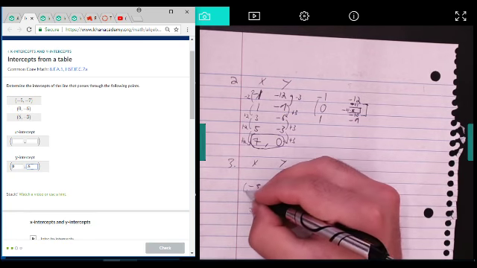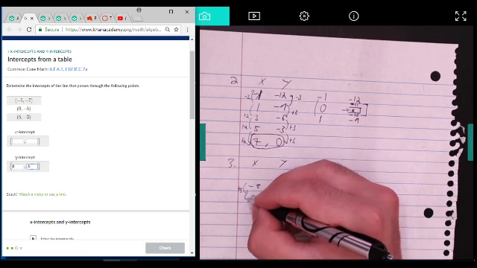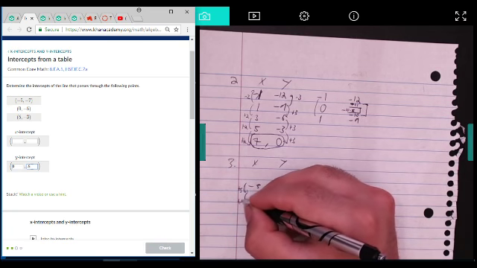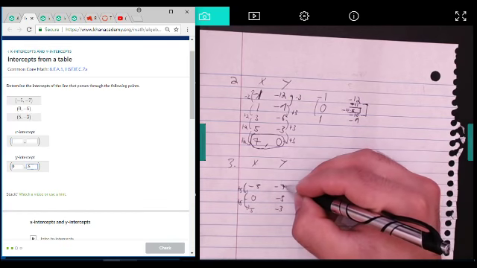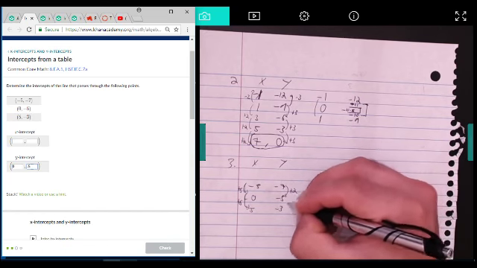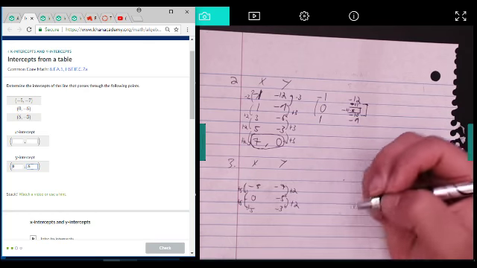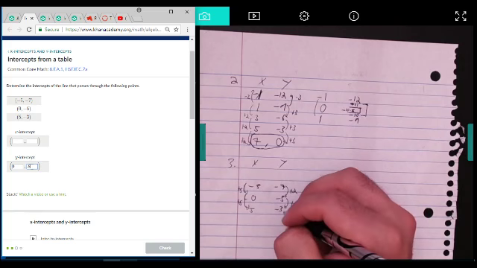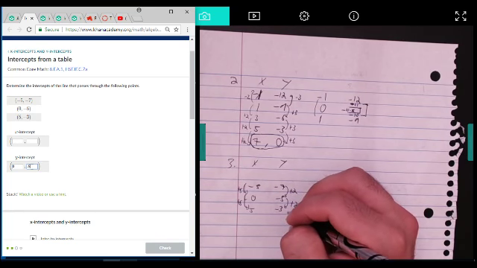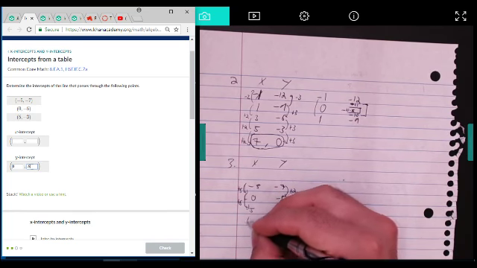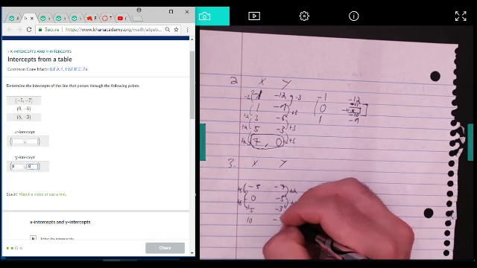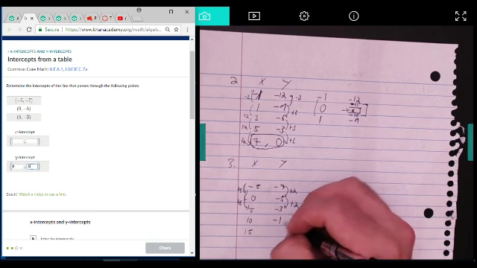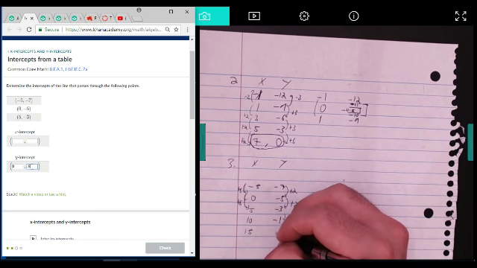So here we have +5, and here we'll have +5, and here we have +2. So +2, +2. Let's keep on looking at this pattern because we need to get y to be equal to 0 for the x-intercept. So the next value is going to be 10, and this value is going to be -1. The next value is going to be 15, and this value is going to be +1.